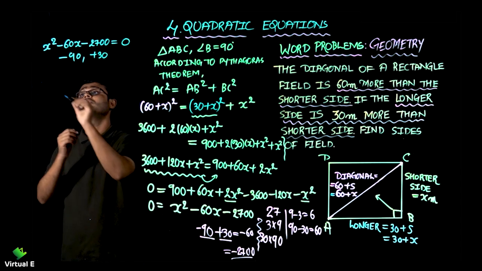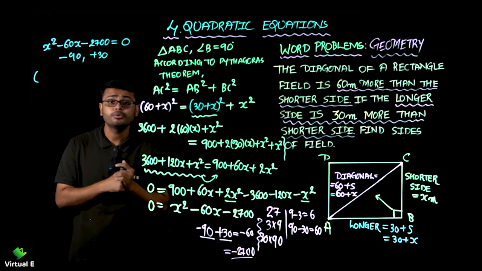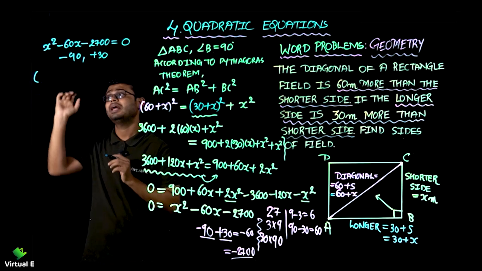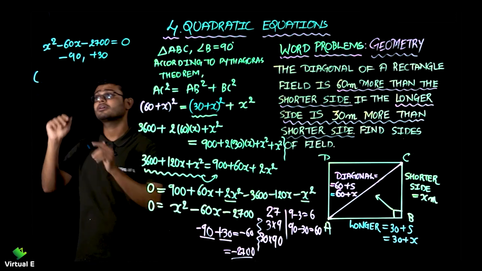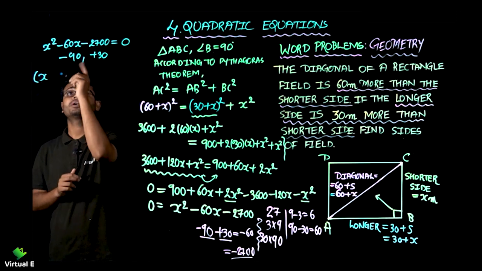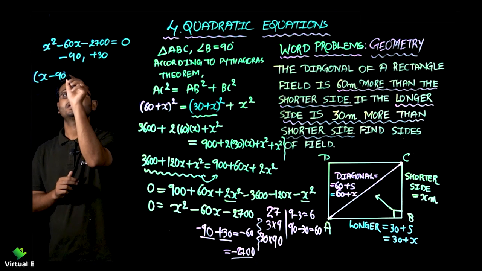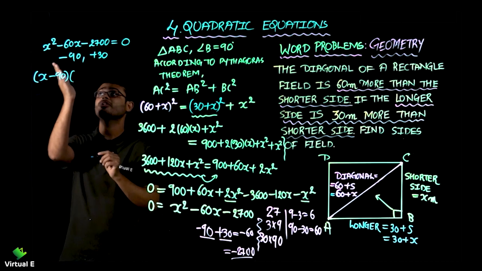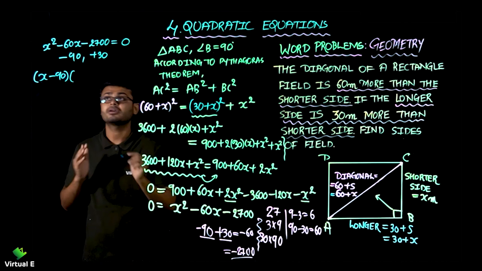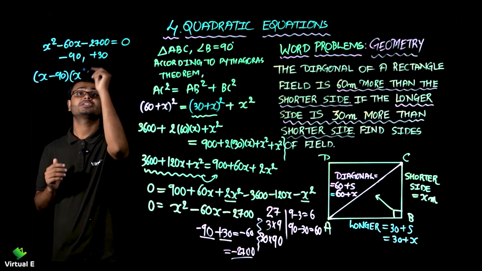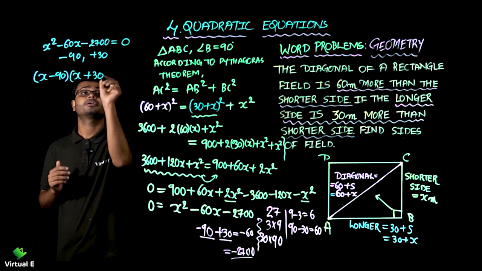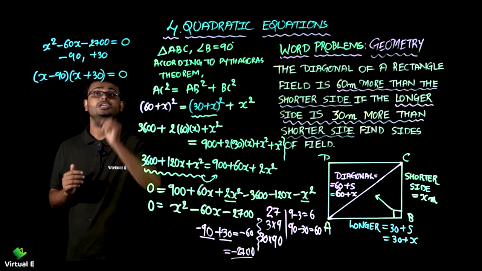To write the factors, I'm going to write the first term as it is without power, that is x. What is the first factor? Minus 90. Then again I write x, and the second factor is plus 30, equal to 0.